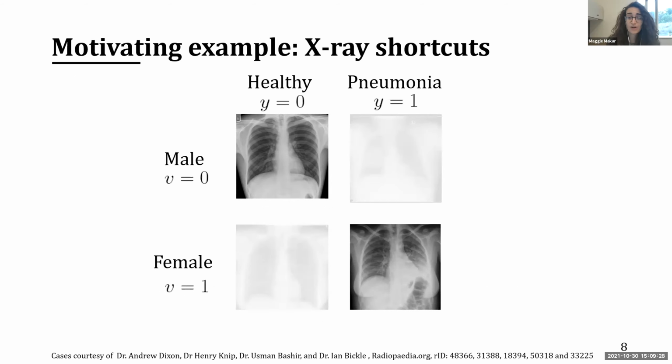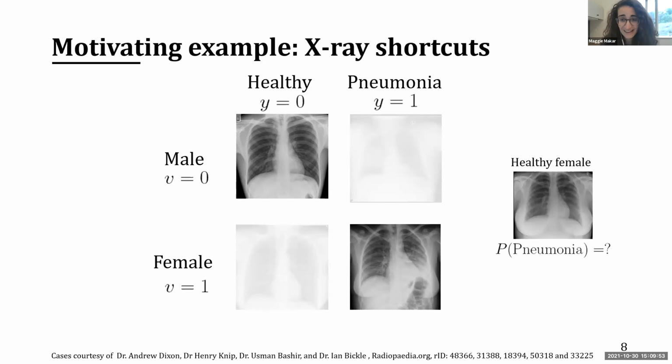Now, let's say that at training time, we don't observe many healthy females. Maybe women in this county are too busy to get an X-ray, and they only show up to the hospital if things are really, really bad. And let's say that for some reason, men's pneumonia cases are routinely rerouted to the hospital next door, so we don't see many unhealthy males.